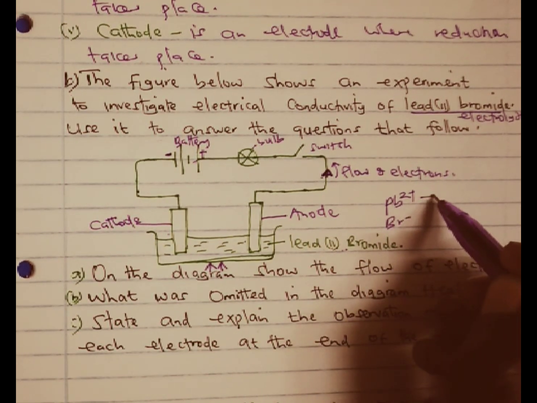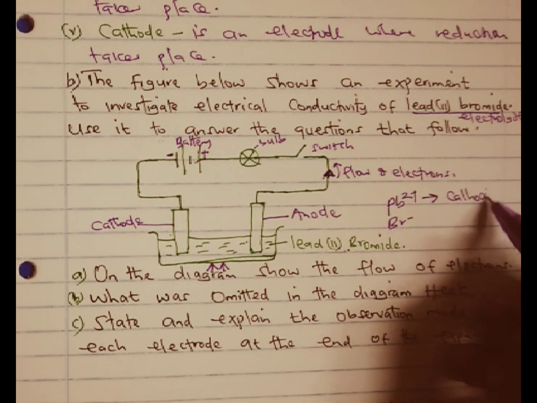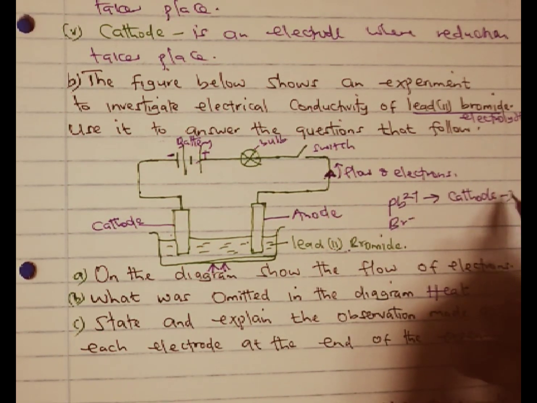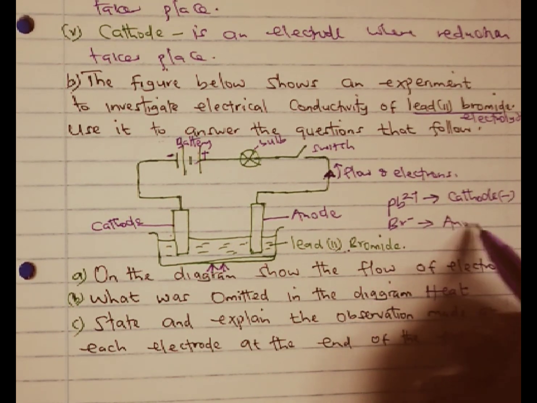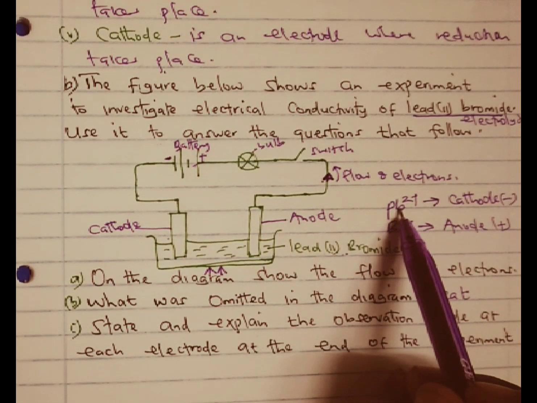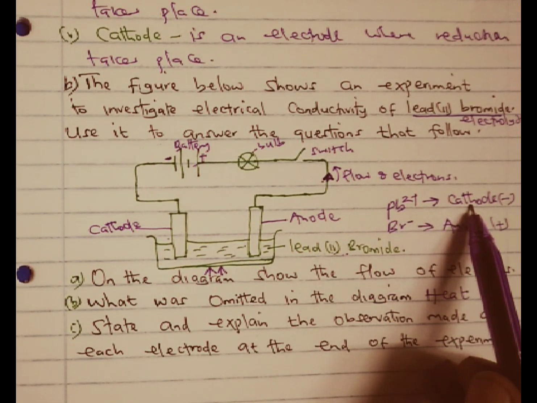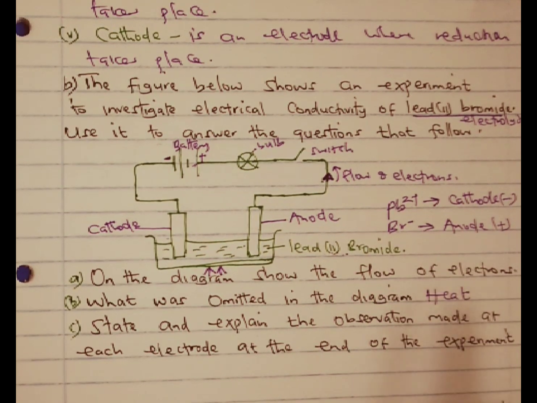Lead-2 ions being positively charged will move to the cathode, which is negative, and bromide ions being negatively charged will move to the anode, which is positive. In this case, lead metal will be discharged at the cathode, while bromine gas will be formed at the anode.